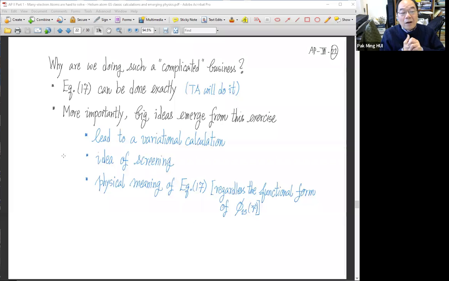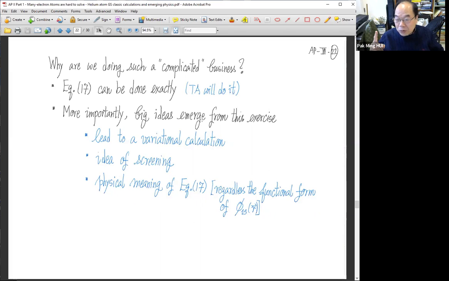So you may wonder why we are doing such a complicated business here, 6 variable integration, okay? So first of all, that can be done. TA will do it for you, don't worry. You are not expected to know how to do it offhand, but it's a good exercise for you nonetheless. But we are doing it here for a good reason, because after we do this exercise, some big concepts come out.